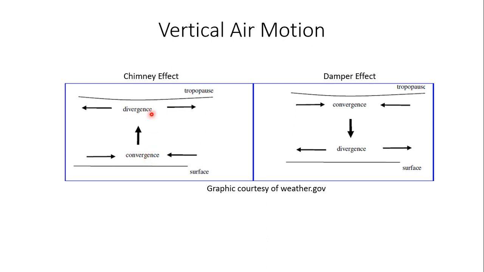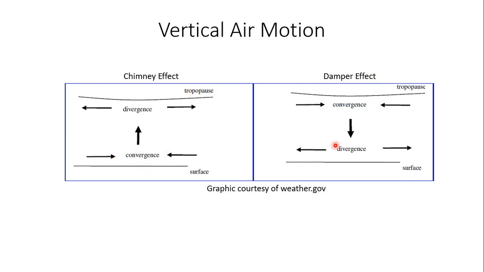Again, if this divergence is stronger, more mass is being removed, or air is being removed out of the area aloft at the top of the air column than is being brought into the low levels, then you're going to have an intensifying cyclone at the surface or a deepening low pressure system.